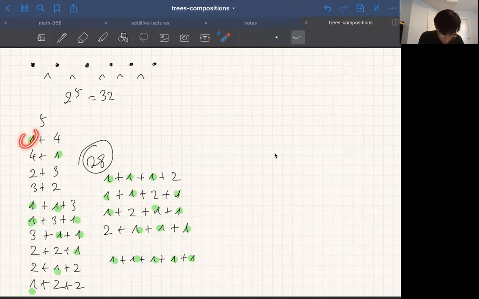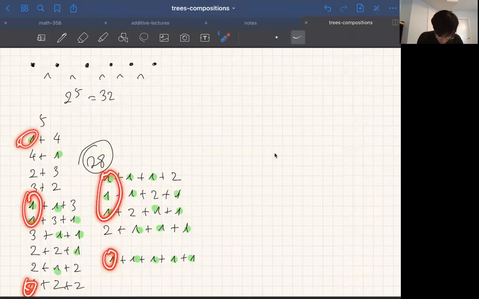If we start with a 1, all the ones where we start with 1, I'm going to hold this here. Then those rows are all the compositions of n minus 1. There are 8 of them.